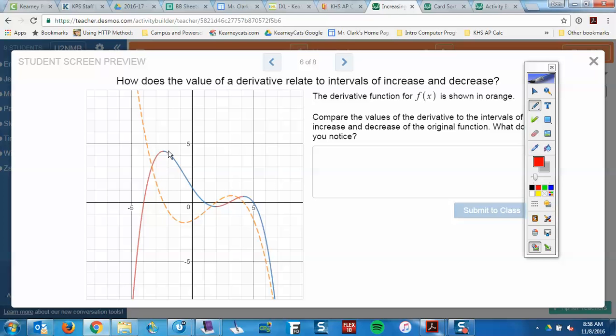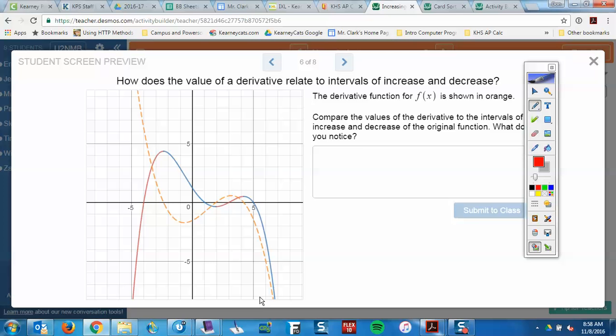When the F graph is blue or decreasing, what do you notice about the orange? It's below the x-axis. It's negative. When the F graph goes back up, increasing, the orange graph is above the x-axis again, positive. And then when the blue graph goes down, when F is decreasing, look at the orange graph below the x-axis.